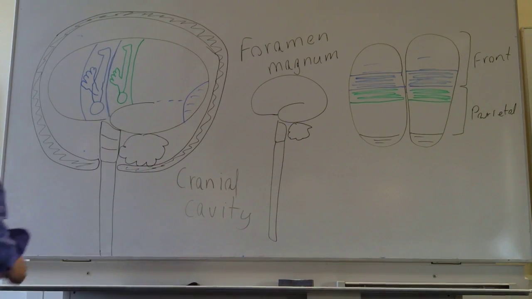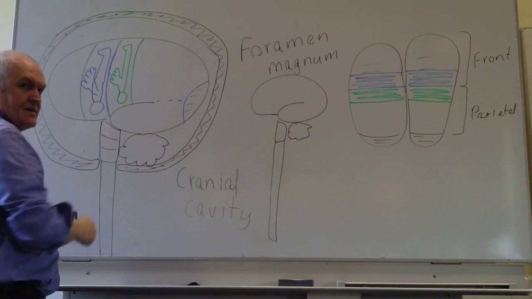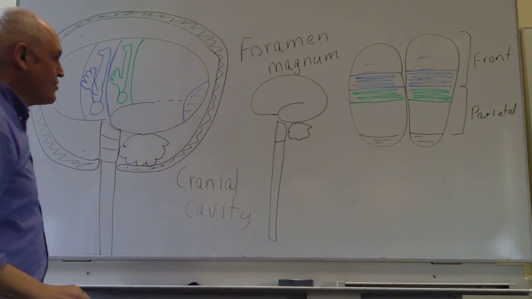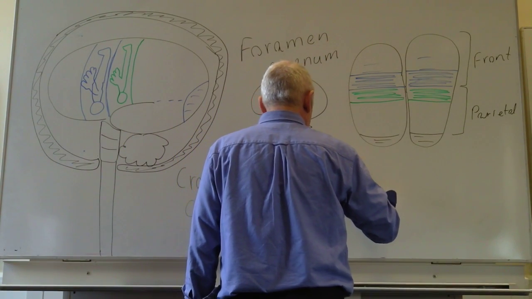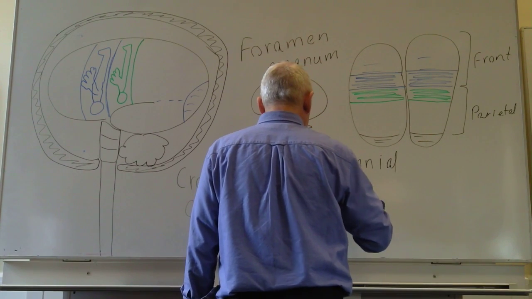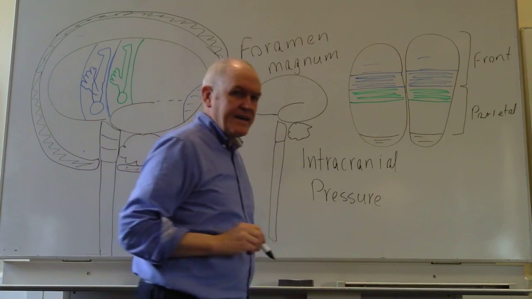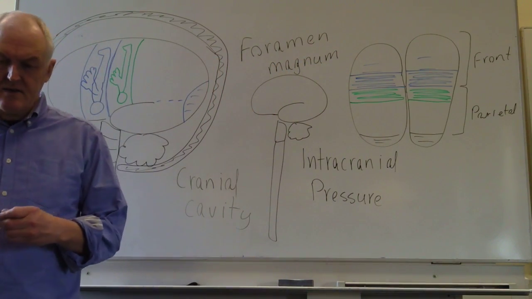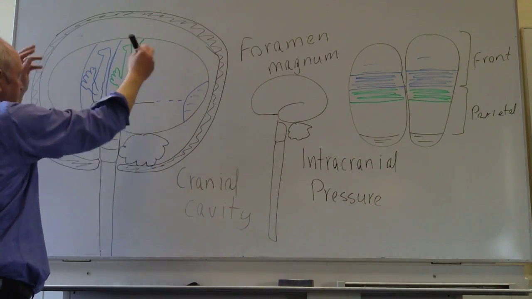And that's because there's a pressure in here. There's a little bit of a pressure inside the cranial cavity, and that's called the intracranial pressure. The intracranial pressure is the pressure inside the cranial cavity.